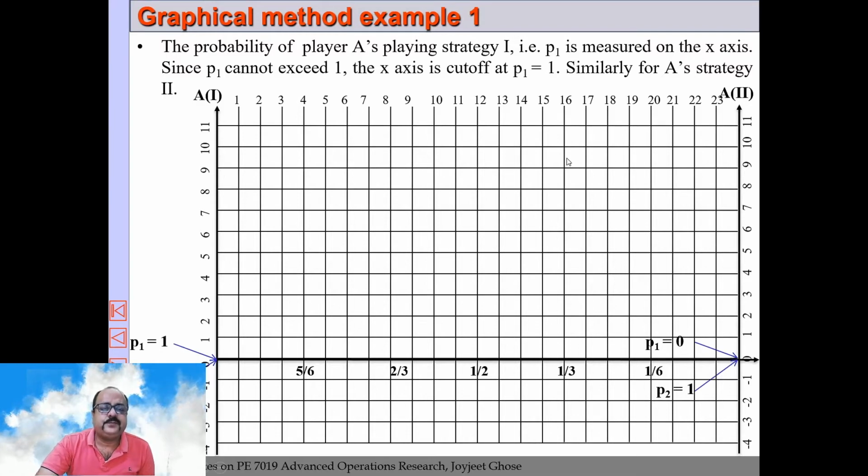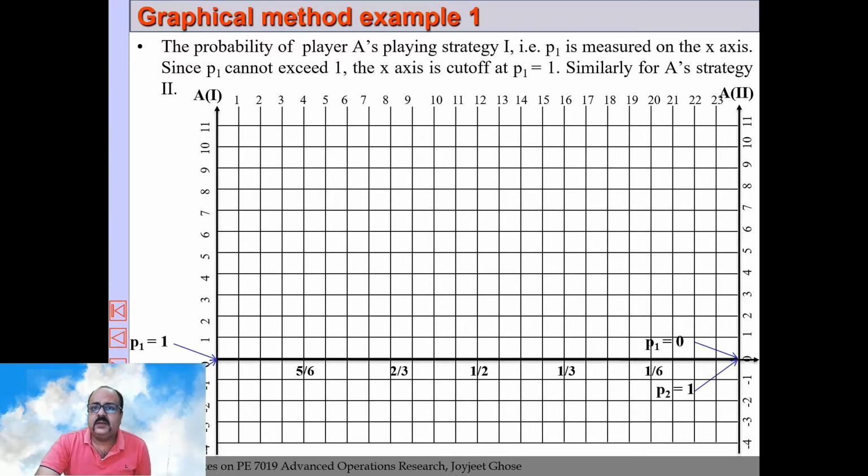This axis represents A's strategy 1 and this axis represents A's strategy 2. That basically means that P1 is 1 for this line and P1 is 0 for this line, and P2 is 1 for this line and P2 is 0 for this line. So this is A's first strategy and this is A's second strategy.